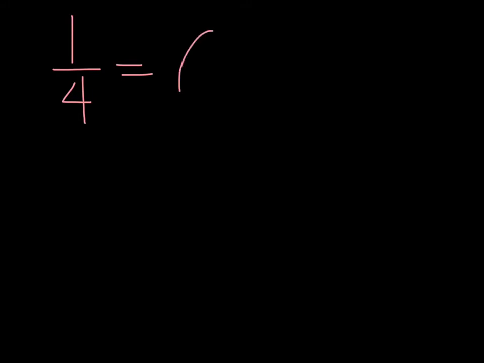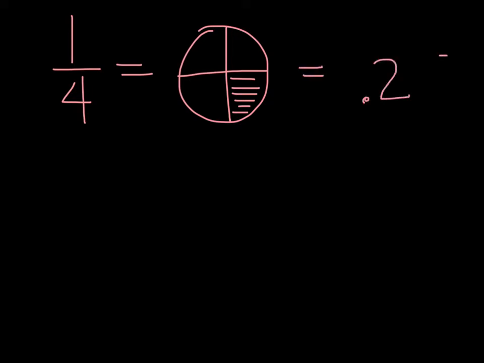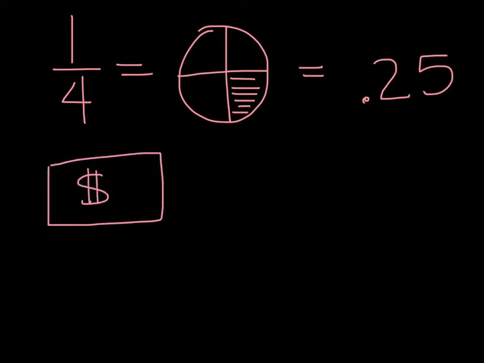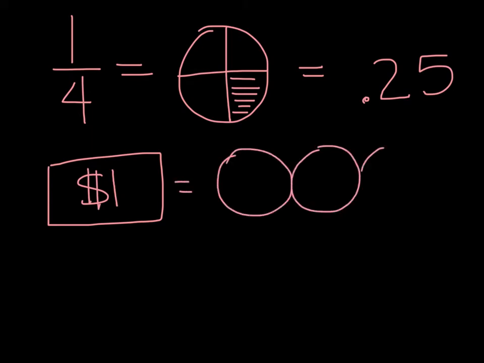So, in my head, I sort of think of a pizza pie, and I think of 1/4 of the whole pie. It is also equal to 25 hundredths. The way I like to think of that is that a dollar is equal to 4 quarters.